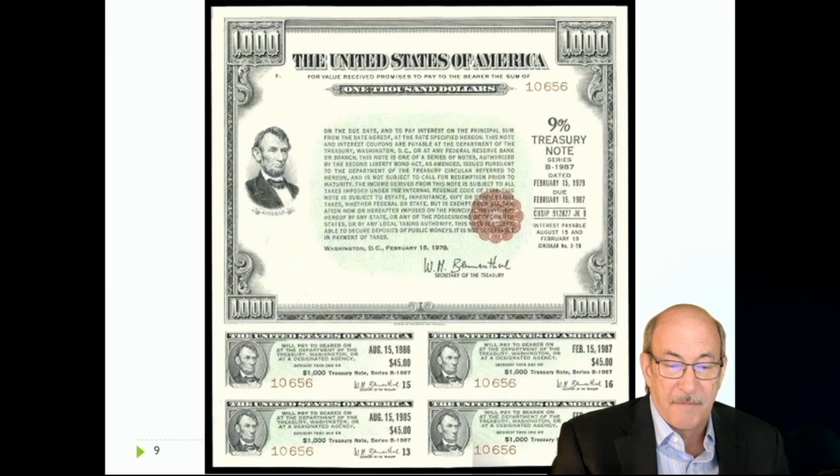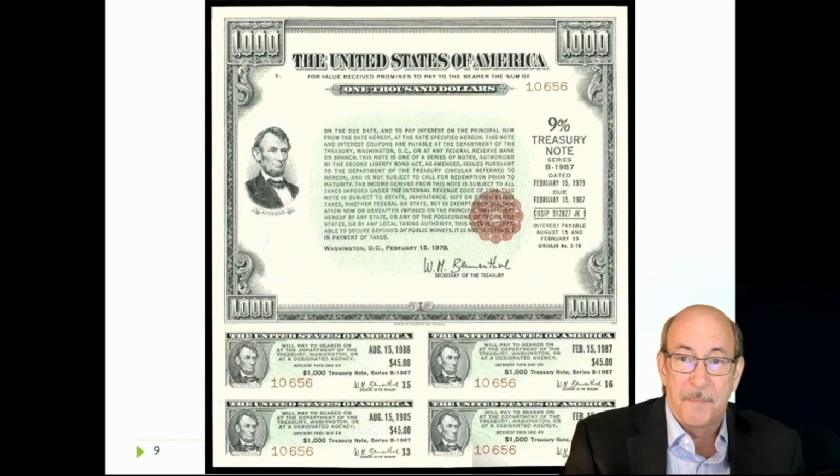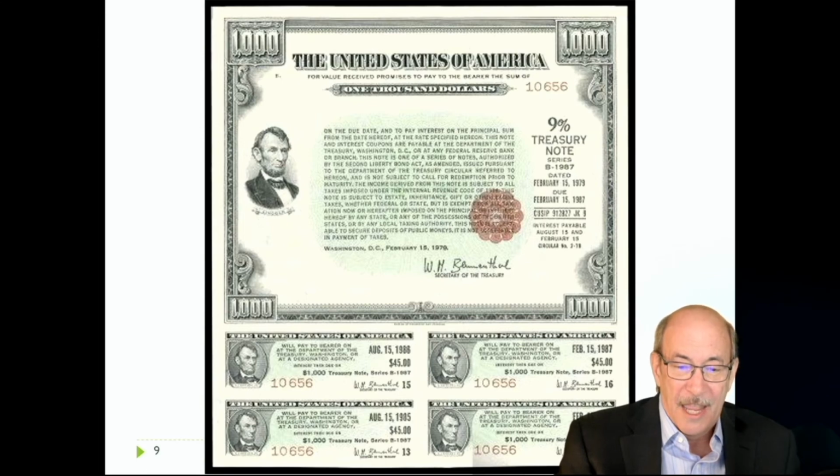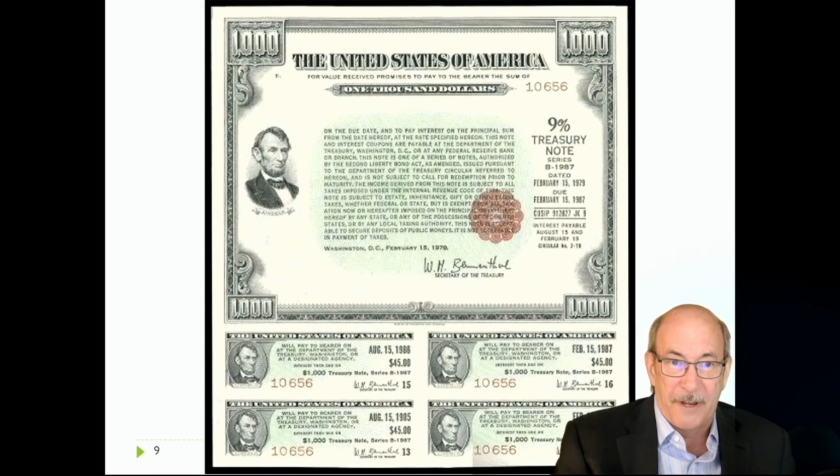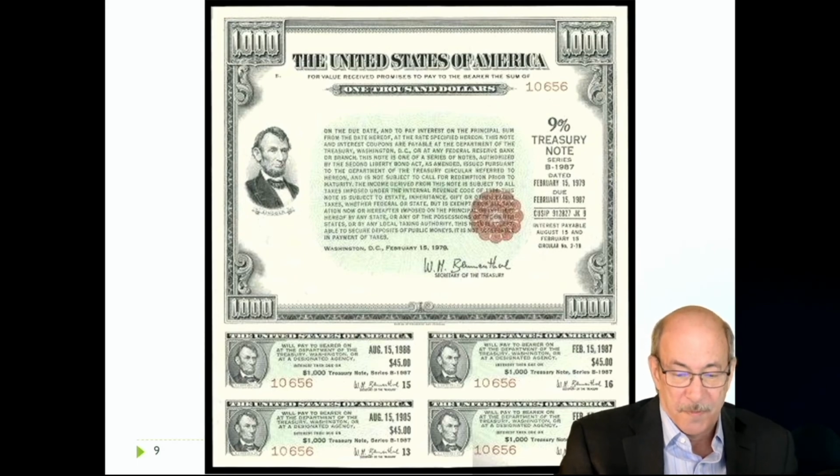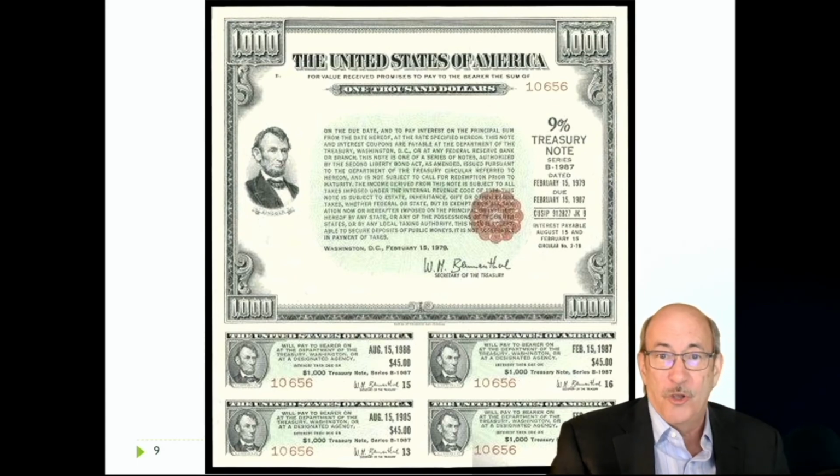So here I found an image of an old bond, what's known as a bearer bond, B-E-A-R-E-R. And bearer bonds were very common 100 years ago, not so common today. Most bonds don't have coupons attached to them.